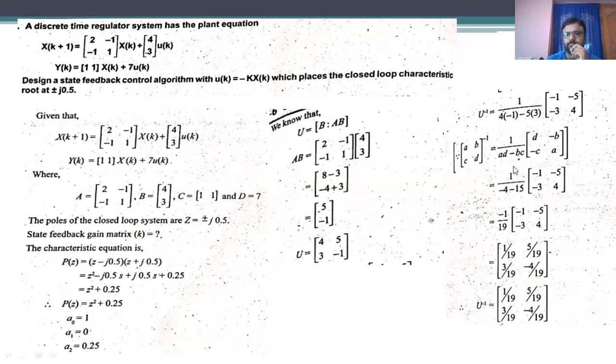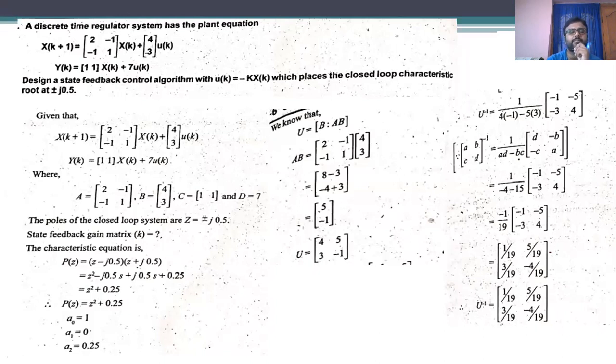So U inverse is equal to 1 divided by minus 4 minus 15 into the matrix, which gives U inverse with 1 by 19, 5 by 19, 3 by 19 and minus 4 by 19. This is the inverse matrix which we have obtained.